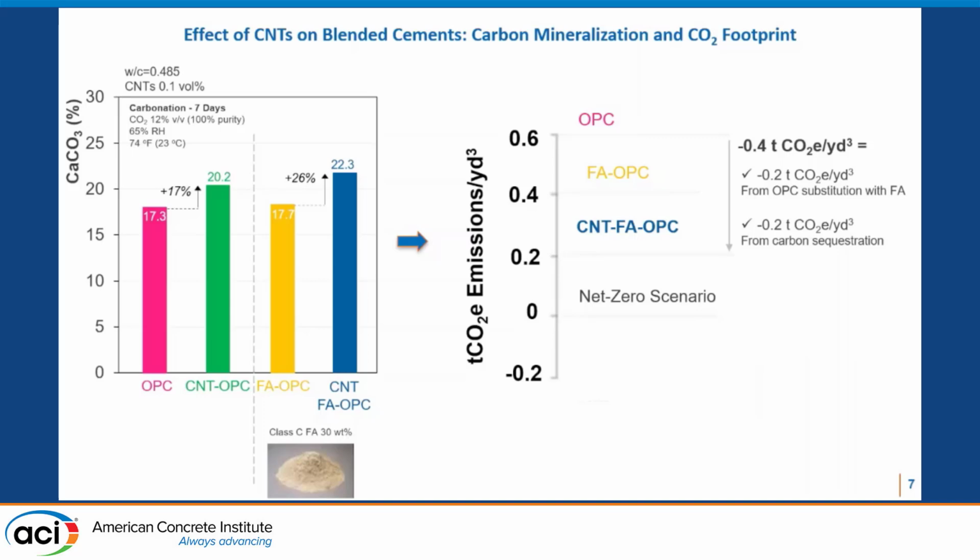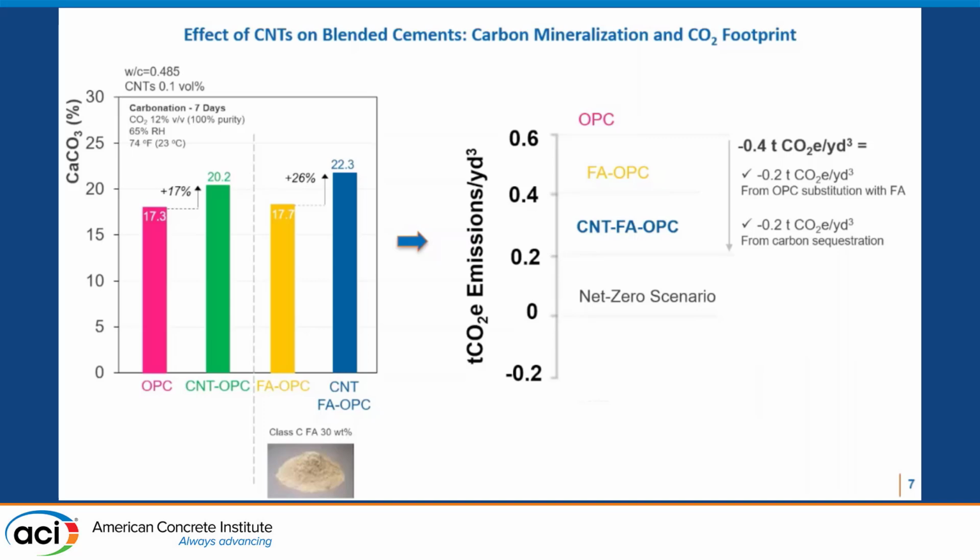Carbonation regime the same, like the one I showed you before. And here are the results that we can consider adding fly ash, adding carbon nanotubes. We probably managed to make a little step, a baby step towards the net zero scenario. Much better, though. You have to agree that it is much better.